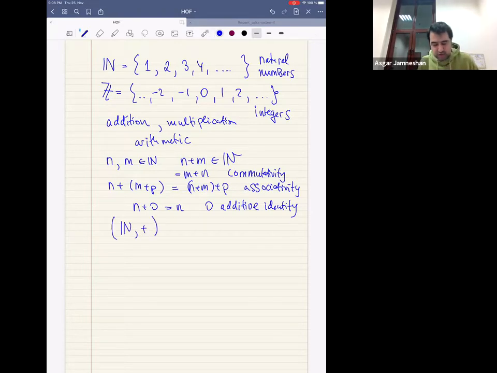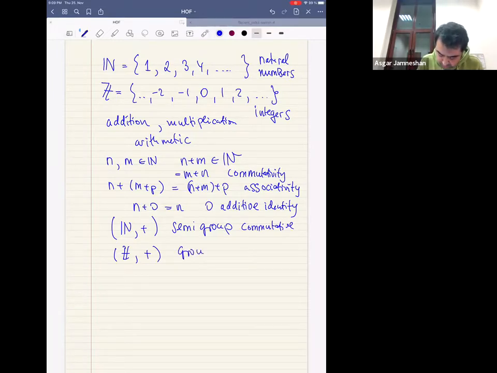mathematically, the natural numbers with addition is a semigroup. Basically, it summarizes these laws which I said. And in the case of integers, actually, this is a group. And this is a commutative semigroup. In the case of integers, this is a group. So what does it mean?